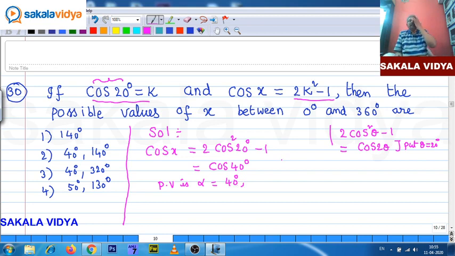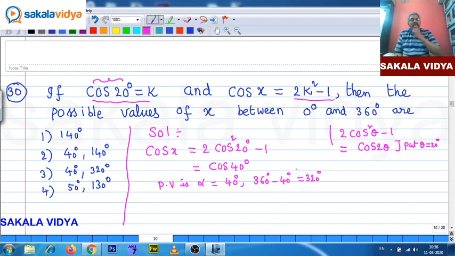Next, it lies in 0 to 360. Now, if you take 180 minus 40, that will be a negative value you will be getting. Understood now? So, that is why better you take 360 degrees minus 40, that will be 320 degrees, because 360 minus theta lies in the fourth quadrant.